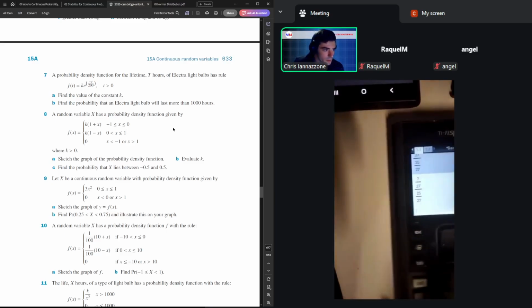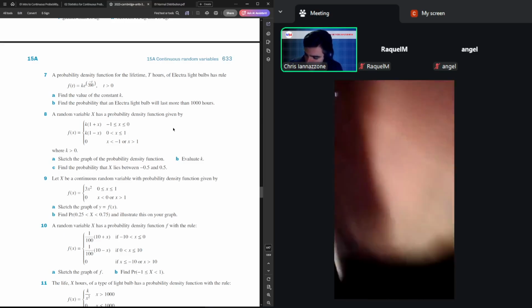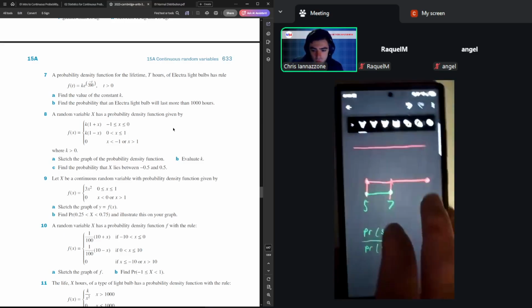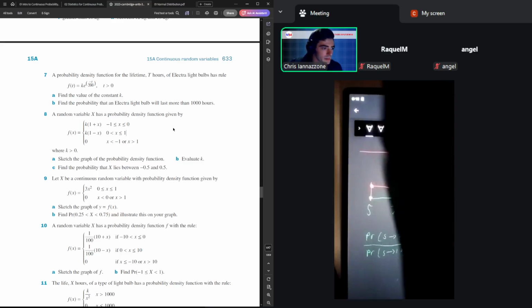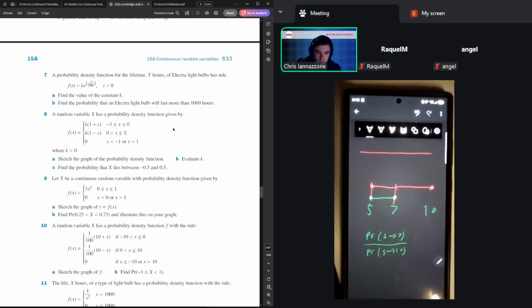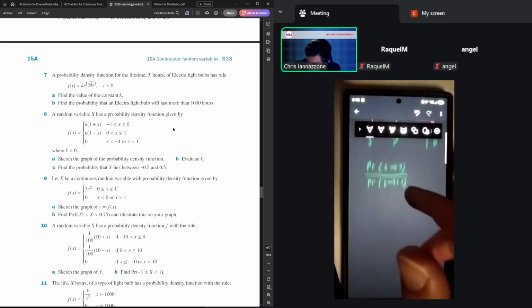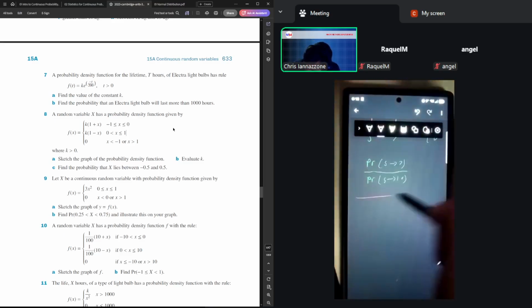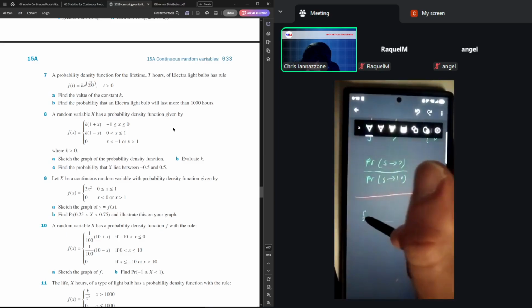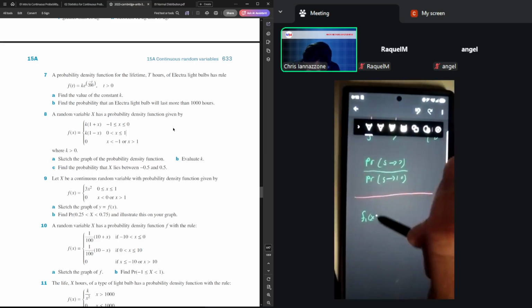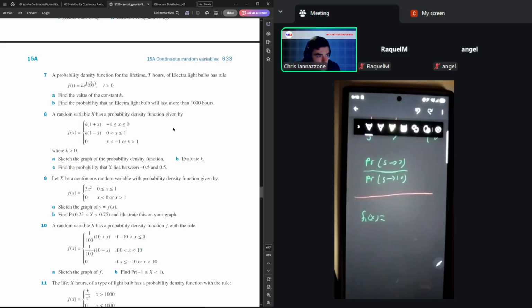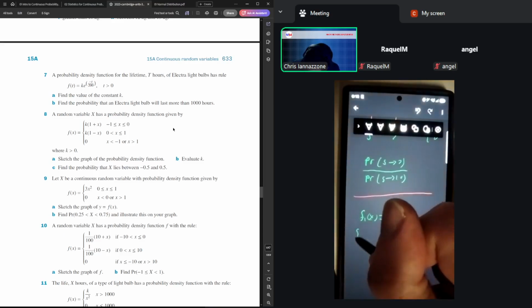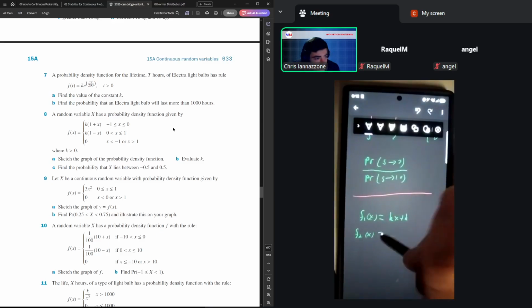So these are both linear. To make that a bit more obvious, we can expand the k through and write it in the y equals mx plus c format. So we've got function 1 is kx plus k, and function 2 is negative kx plus k.